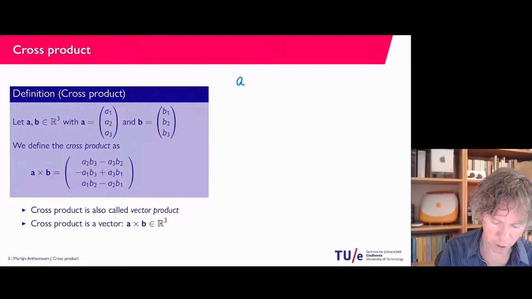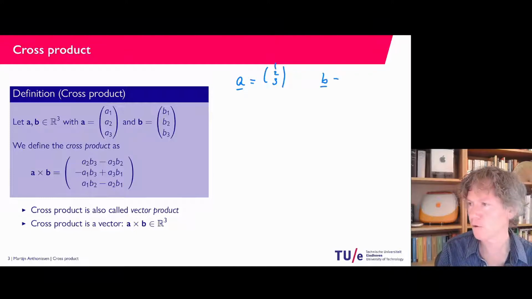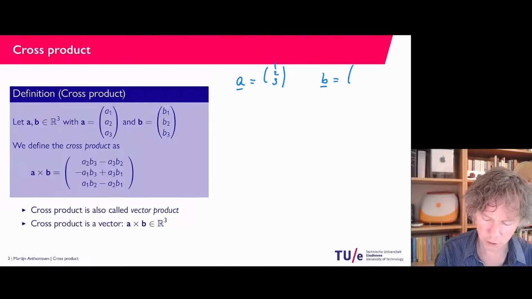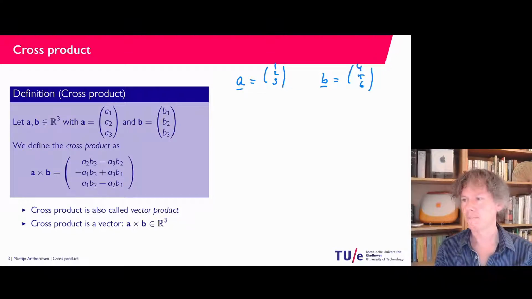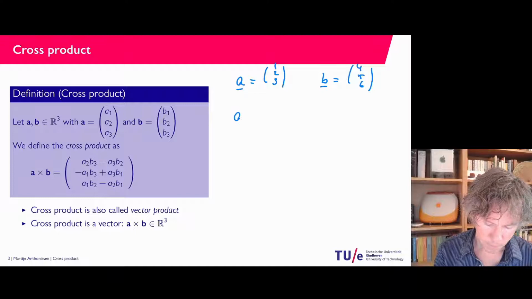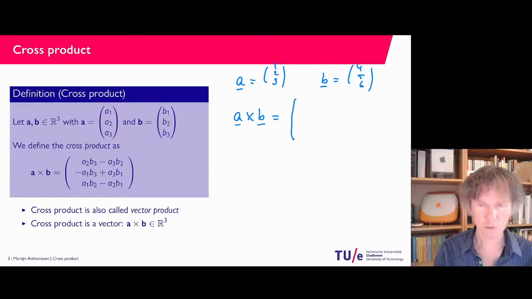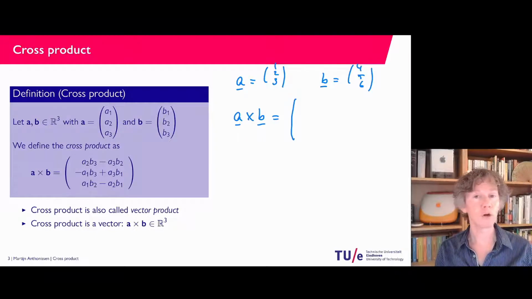Let's say for A, I'm going to pick 1, 2, 3, and for B, I'm going to pick 4, 5, and 6. Now, A cross B, so that's how I pronounce this, A cross B, is going to be a vector with three components, just like A and B have.